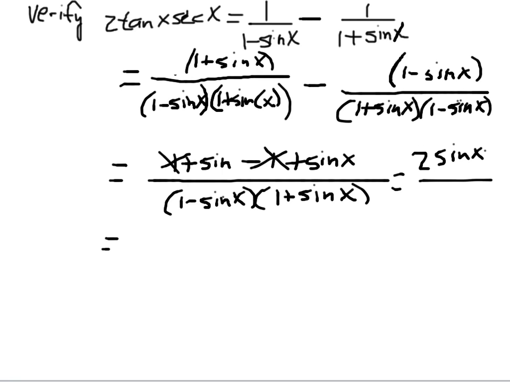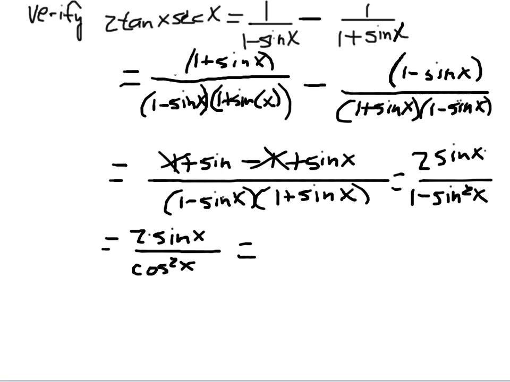And we like that in trig because the product of these conjugates is 1 minus sine squared x, which once again is a form of our Pythagorean identity, which is equal to cosine squared x. And we have our 2 times the sine of x on top. Now remember what cosine squared x is. I can rewrite this whole thing as 2 times the sine of x over cosine of x times cosine of x.